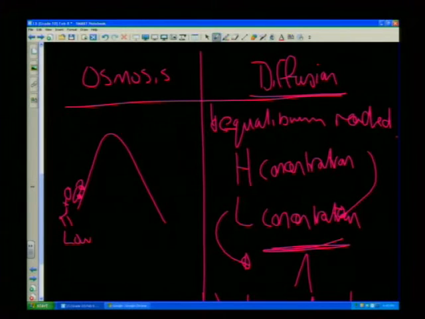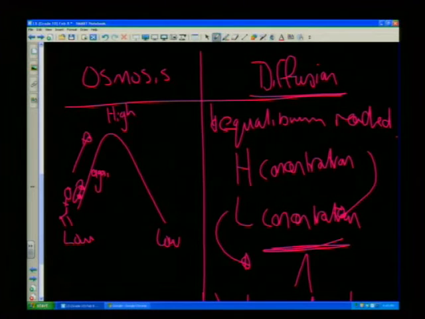This would be low. And this is high. So what happens? This little guy takes his skateboard and he walks uphill, which means he's going against the concentration gradient.